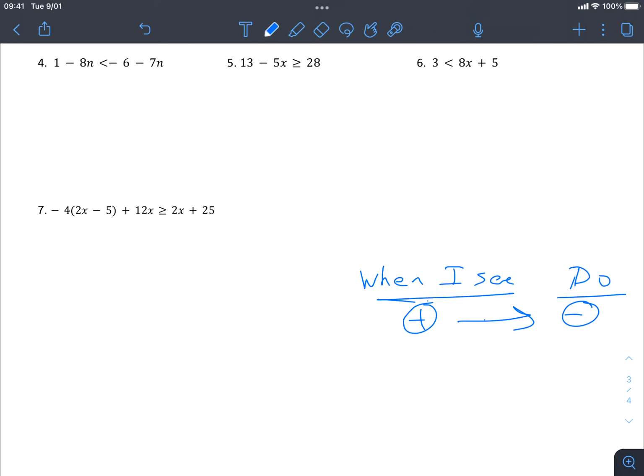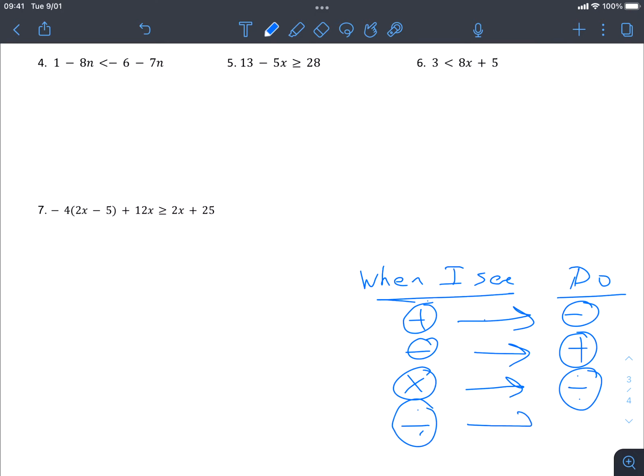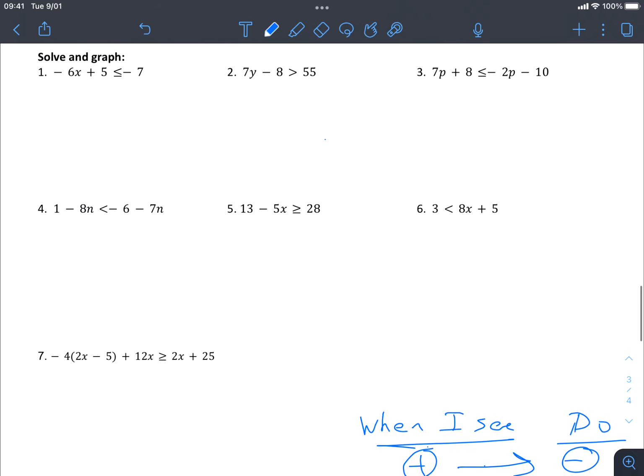I do subtraction. When I see subtraction, I do addition. When I see multiplication, I do the opposite. I do division. And when I see division, I do multiplication. So we're going to use those rules, and we're going to practice some of these problems here. So make sure you get these down on your paper, because this is key to understanding this lesson.